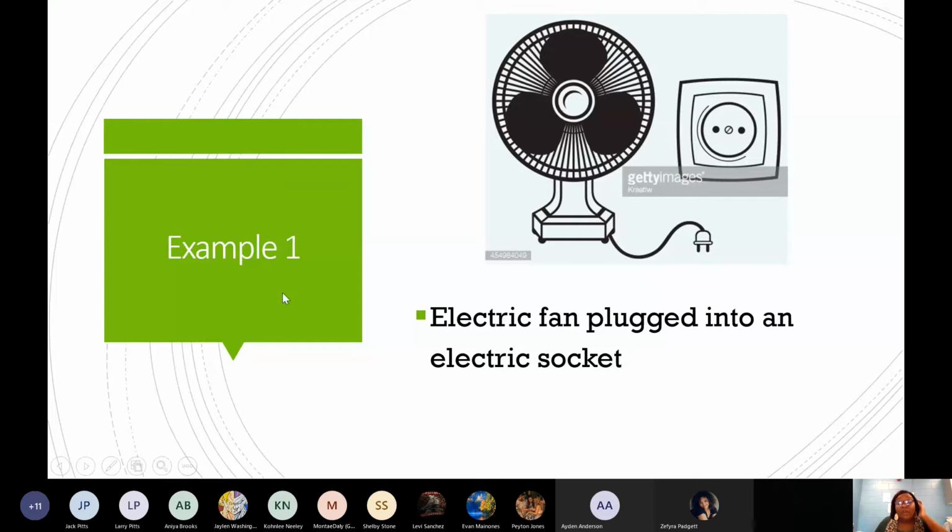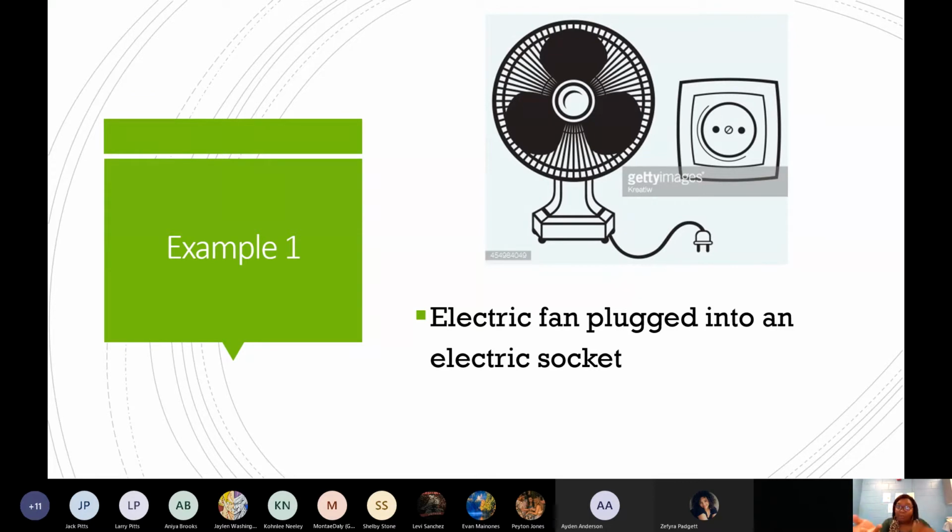So in your notes, let's write down example 1. You don't have to draw the picture, but I do need you to write electric fan plugged into an electric socket. Now, this time we have a different power source and a different load. In other words, our power source is what produces the energy for our circuit, and the load is what's being powered.